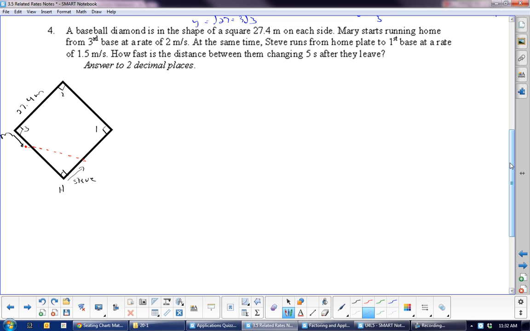This is where the little trick is. Mary is running in this direction, so we do want to call that -2 meters per second. Steve's running up at 1.5 or 3/2, and that's going to be a positive.